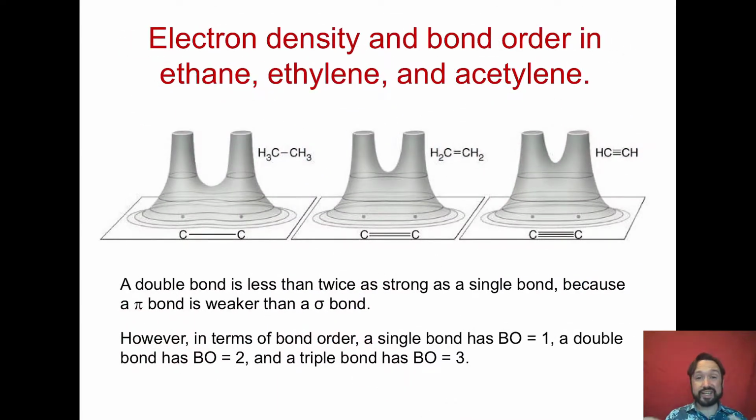If we look at sort of an electron density map of where we find all of these electrons, we can see that as we add more bonds, we get a higher and higher electron density in between our two atoms, right? More electrons means that there's more cushion between the nuclei, also more things for them to hang on to. So again, we're going to get shorter and shorter as we go from a single bond to a triple bond, right?